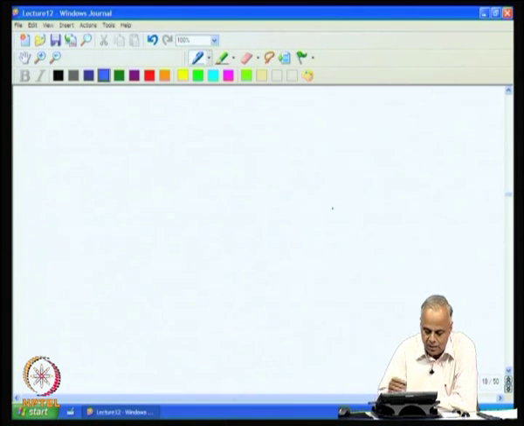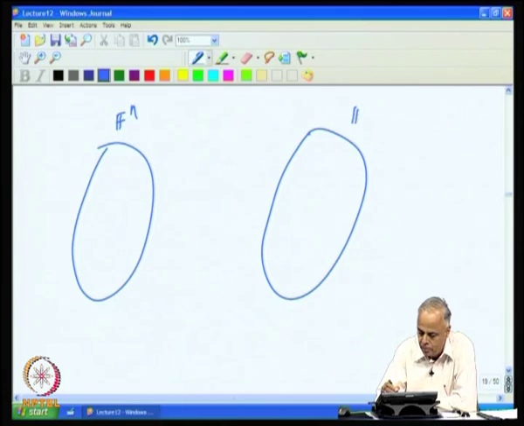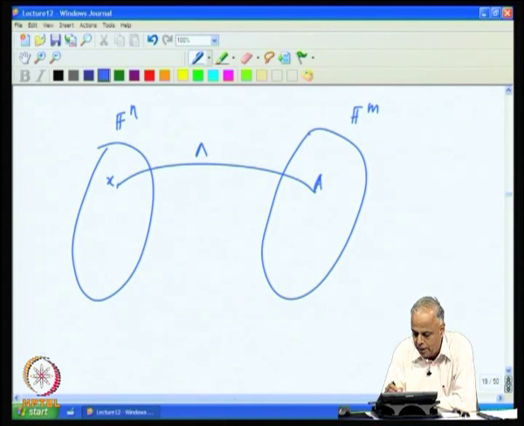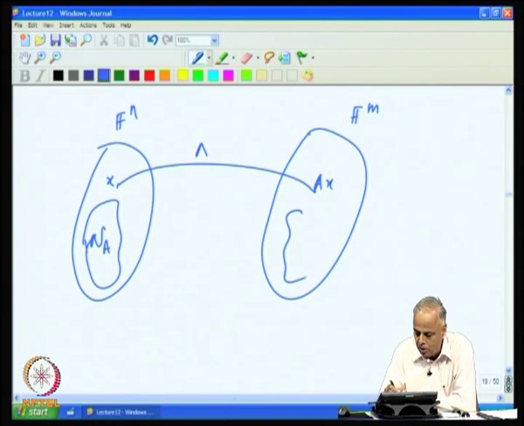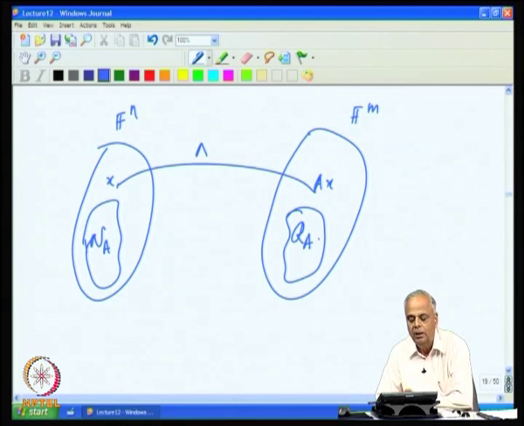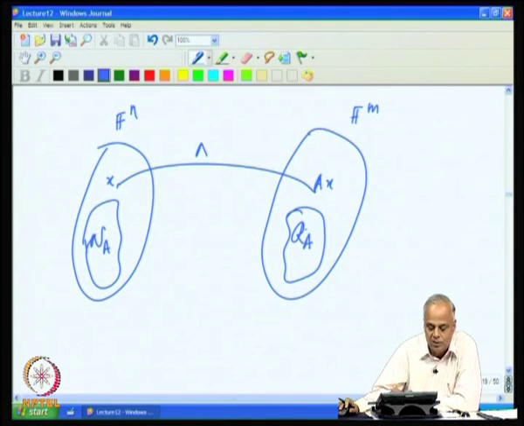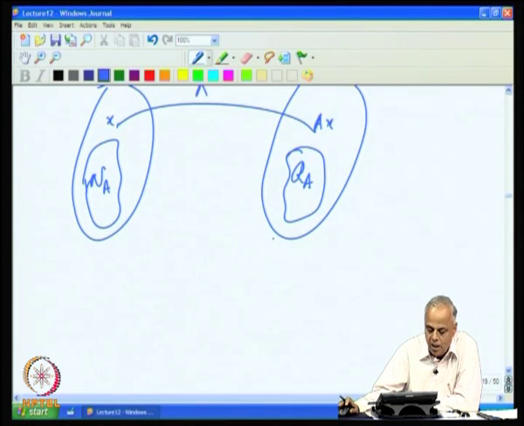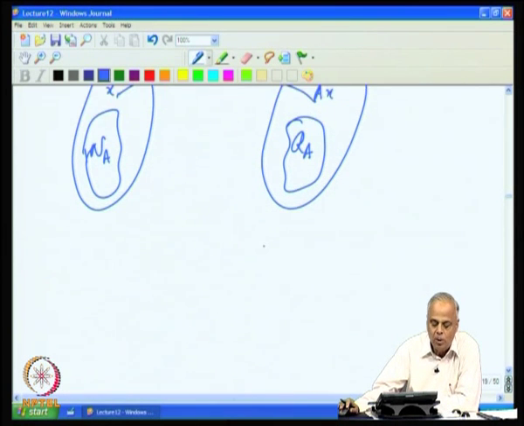So, the net result is we have Fn, we have Fm. In general, A takes a vector x here to Ax, and some part of it is taken to the 0 vector, and some part of it here is the range of A, that is those B's for which a solution exists for the non-homogeneous system. So, we have two important subspaces associated with the matrix, and one is in Fn and the other one is in Fm.